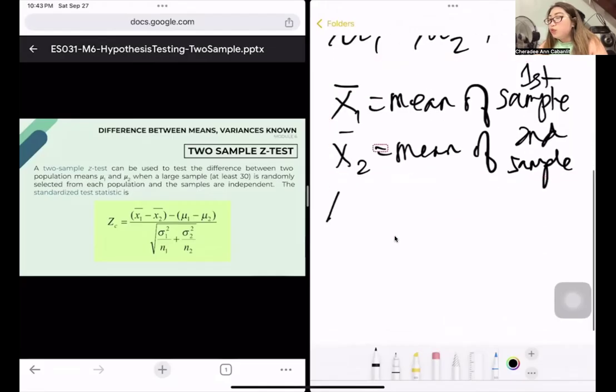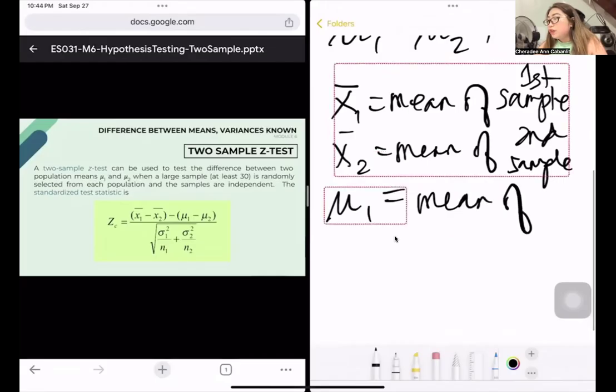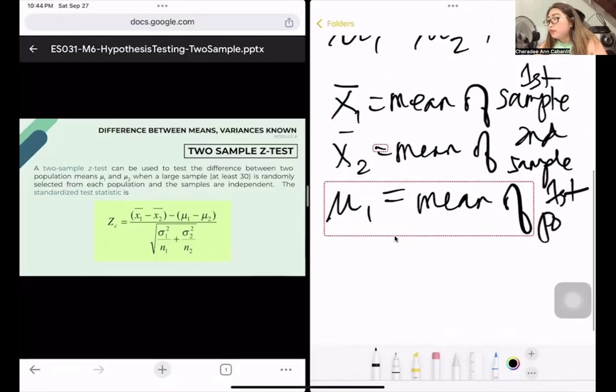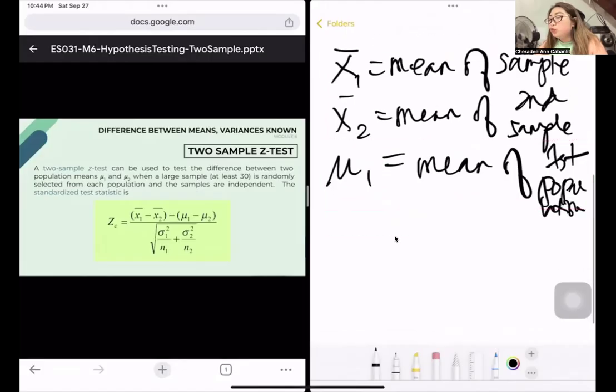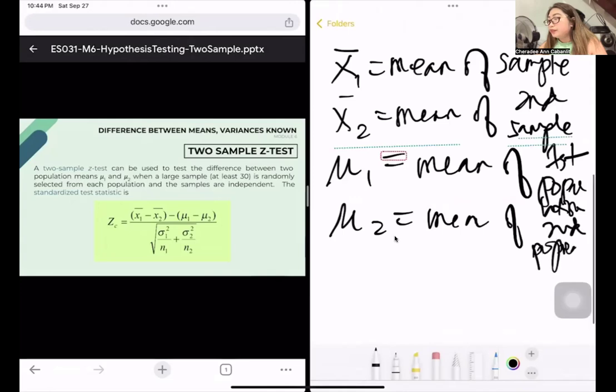Mu1 is the mean of the first population, while mu2 is the mean of the second population.